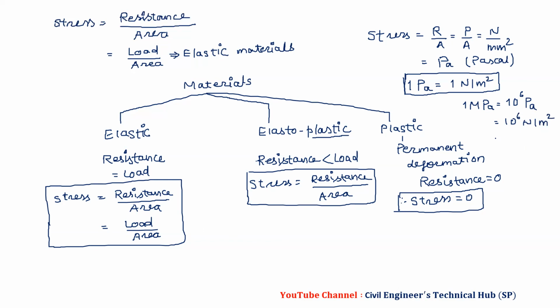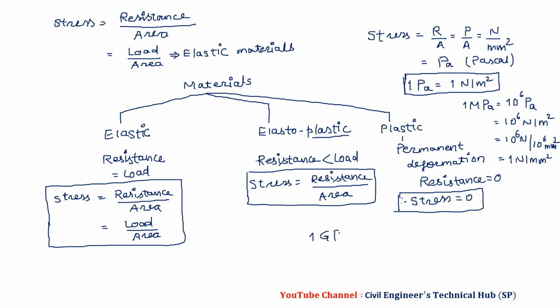Convert meter square into millimeter square. So we have Newton and meter square, that is equal to 10 raised to 6 millimeter square. And from this we will get 1 MPa equal to 1 Newton per mm square. Conversion, you should be in position to explain.